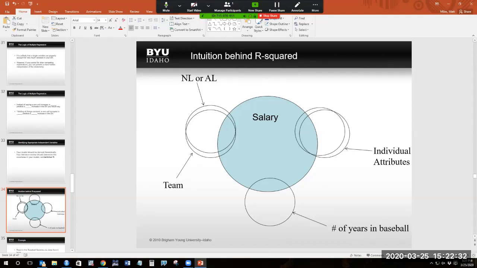If your new variable is like this, where you explain the same variation as individual attributes, then your variable is not going to be significant. In this case, one of these would be significant, but not both, because they explain basically the same variation.